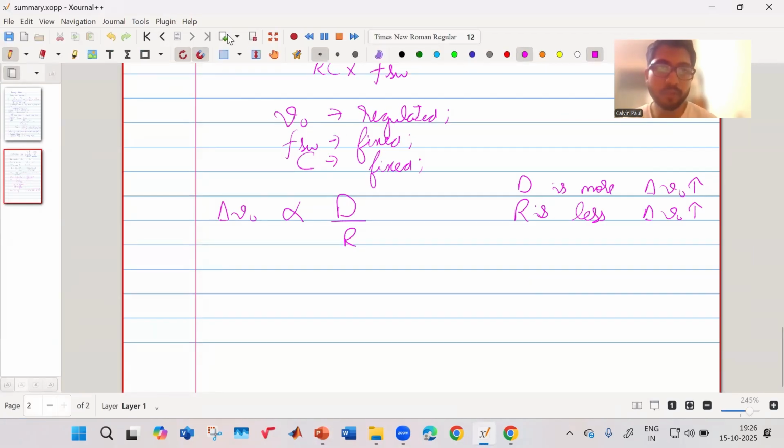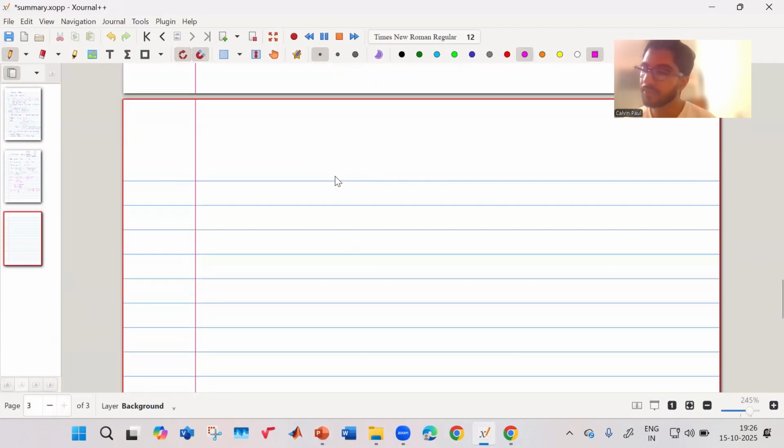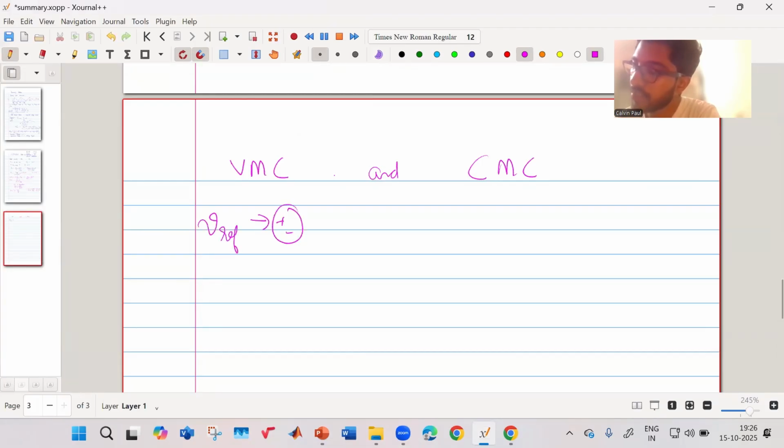Okay. So you have two types of control. You have voltage mode control and current mode control. In voltage mode control, what do we do? We have a reference. We subtract it from our output.